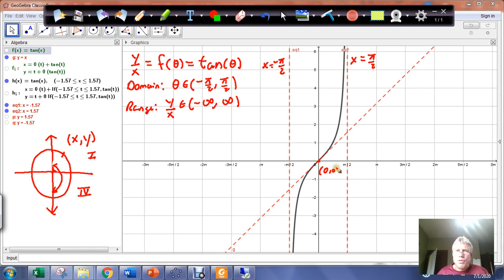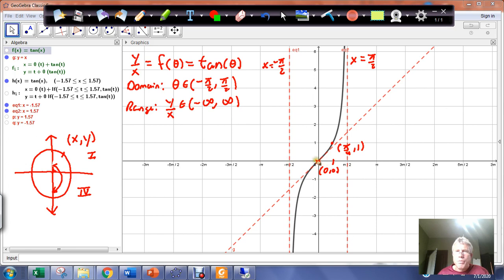It has 0, 0. And then we said halfway between 0 and pi over 2, or halfway between 0 and 90 degrees, we have that 45-degree angle, or pi over 4 radians, associated with an output of 1. This was a special point. So this was the point input pi over 4 radians, output 1.